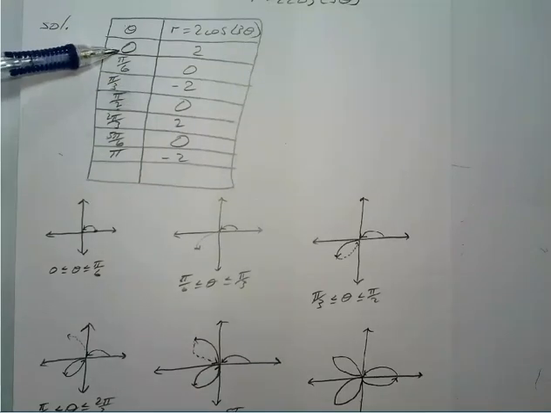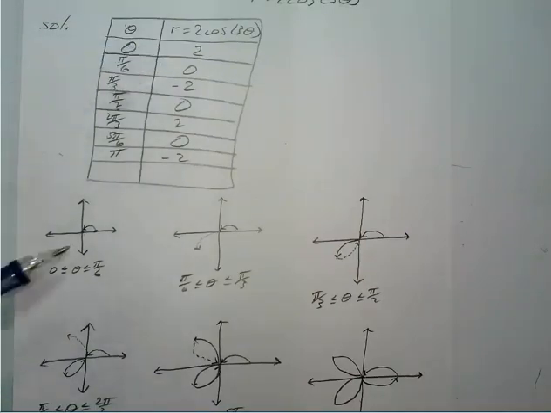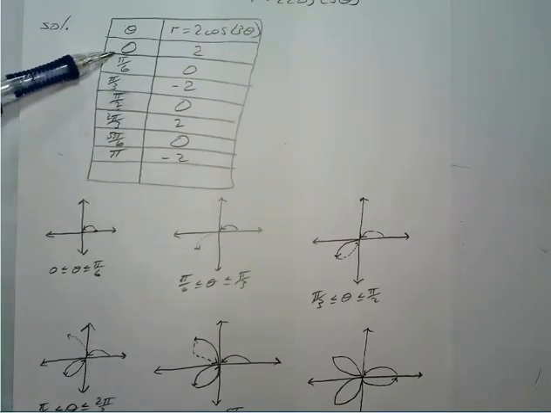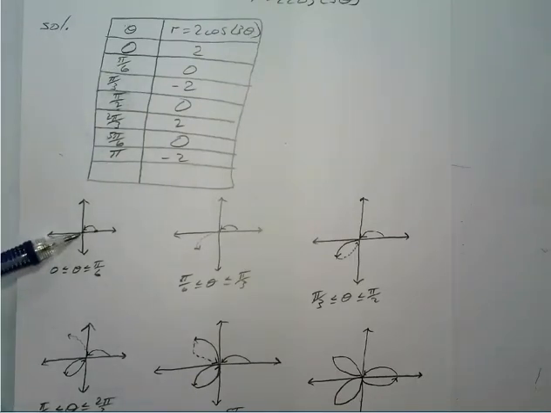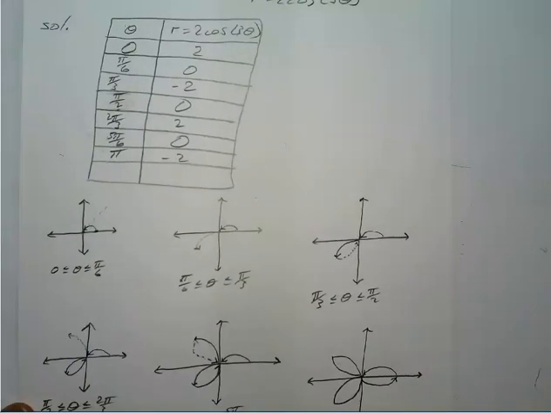Now between 0 and pi over 6, we went from theta 0 with radius 2, and from there to pi over 6, that took us back to 0. Remember, our theta is pi over 6, so it would look something like that with a radius of 0.